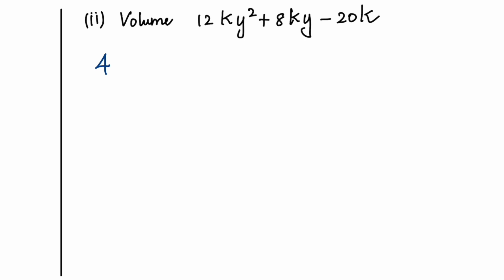So 4 is a common factor for all these terms, and k is also a common factor. When you take that out, that leaves you with 3y squared plus 2y minus 5. Now you can just straight away tell 4 is one factor, k is one factor, and 3y squared plus 2y minus 5 is another factor, but you can further factorize this 3y squared plus 2y minus 5, right?